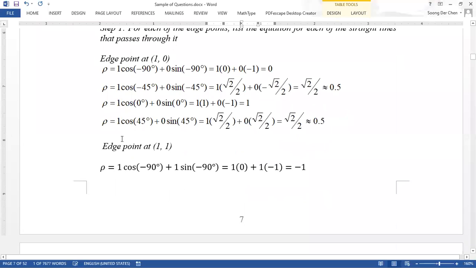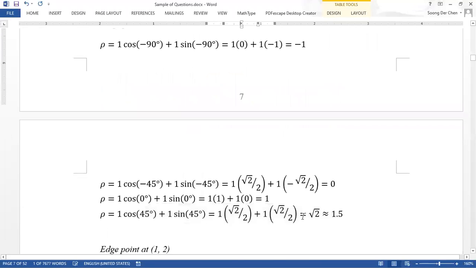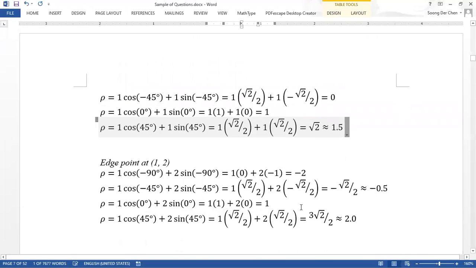I have explained about the rounding. So maybe this one. So 1x plus 1x, so you get 2x. So 2x basically means you get square root 2, which is 1.414. So you round to 1.5. All right. So the rest is pretty much the same like before.